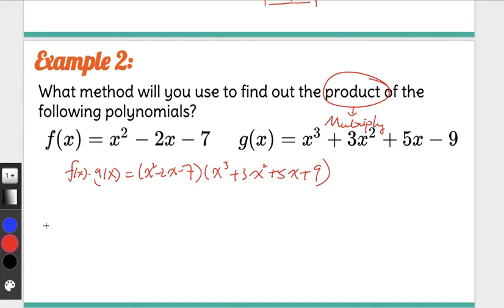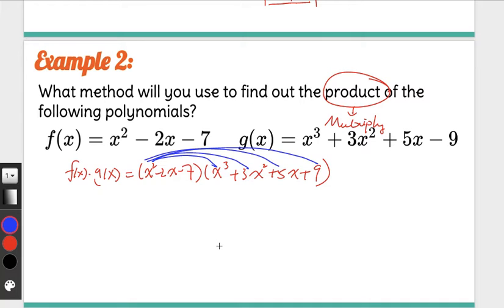Sometimes it's a good idea to number the terms, like 1, 2, 3, 4. So be patient with this process and multiply everything and write down all the terms. Do not skip any steps. And you are going to repeat the same steps for negative 2x and negative 7.